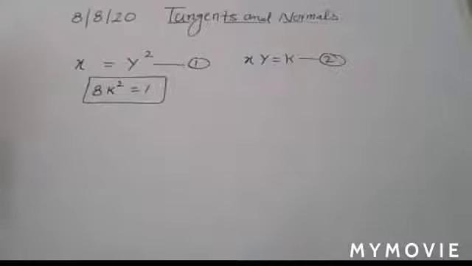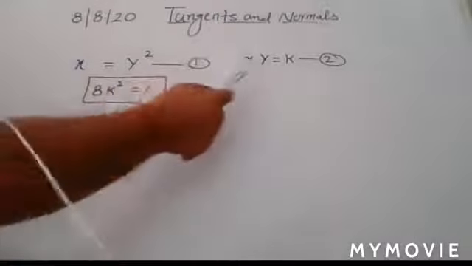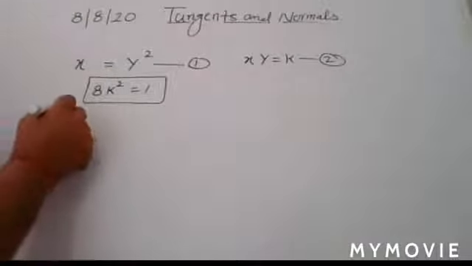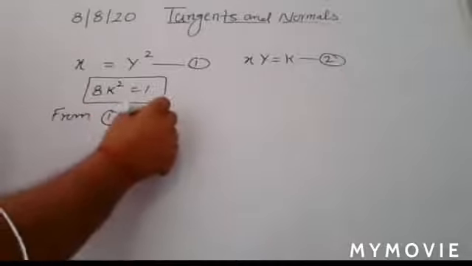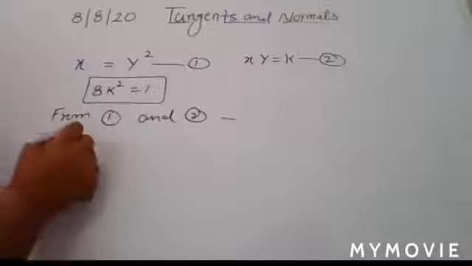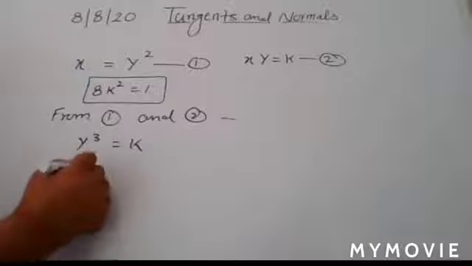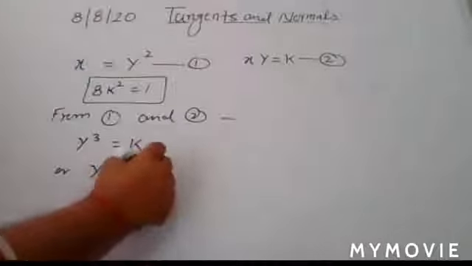So here it is always given, so satisfying the given condition, with the help of that you try to find your result. First of all, you try to solve these two equations, x is equal to y square and xy is equal to k. So from 1 and 2, you have y cube is equal to k, or the value of y is equal to k to the power 1 by 3.